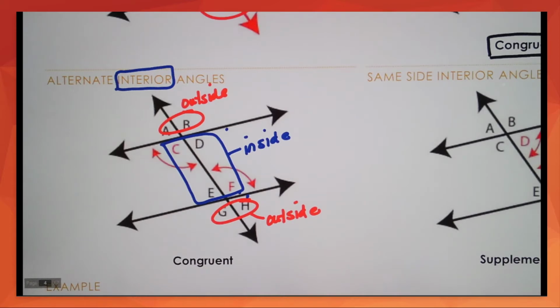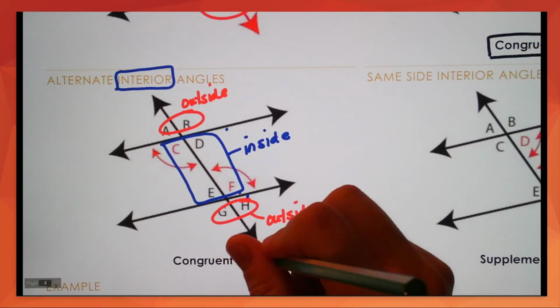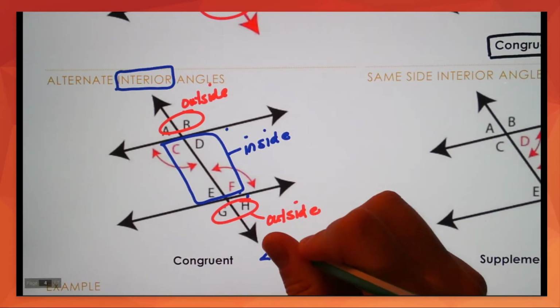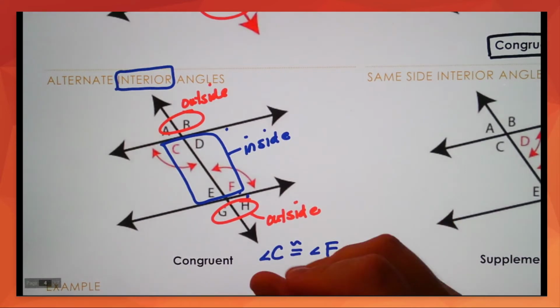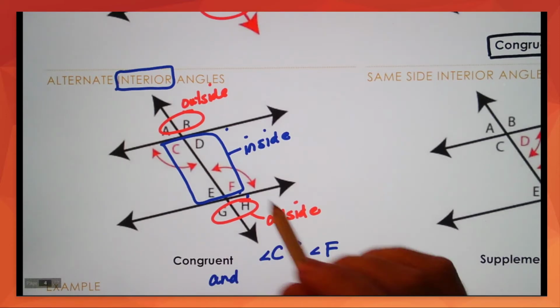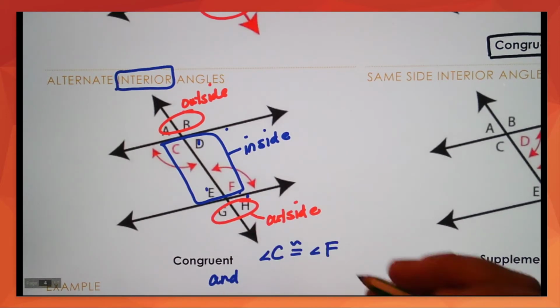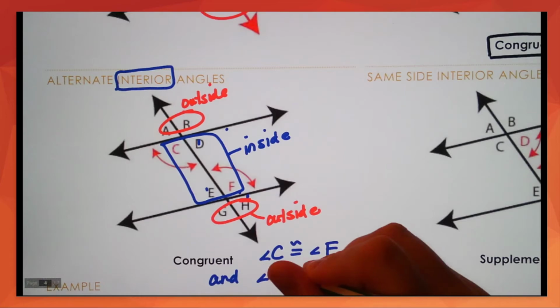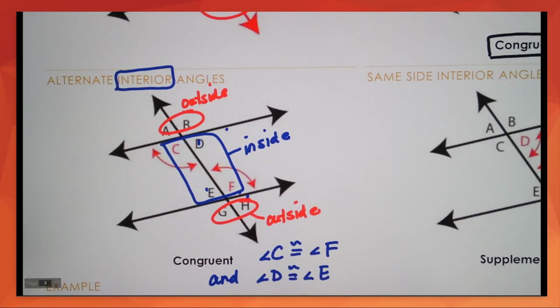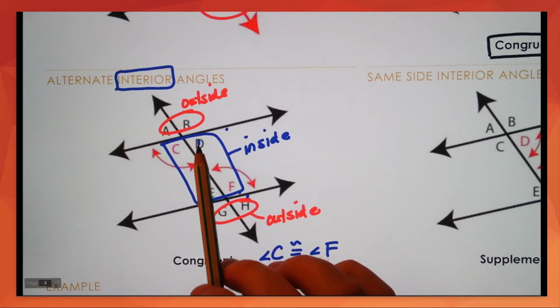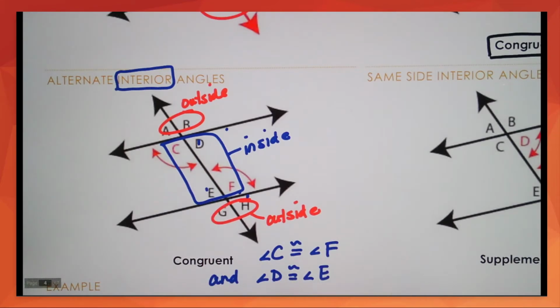So the conclusion you need to be able to draw is that angle C is congruent to angle F. And you can say the same about the other pair of alternate interior angles, angle D is congruent to angle E, because they are inside and on opposite sides of the transversal, okay?